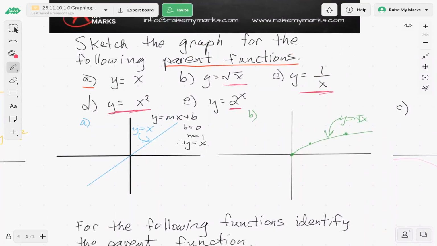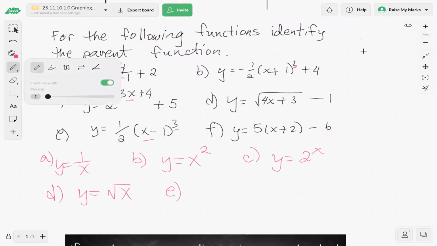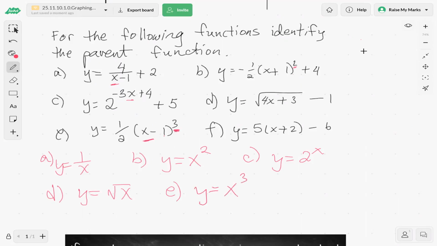Part D, however, the power is 2. So if we go back to our question, our exponent is 3, so our independent variable x is raised to the power 3. So our parent function is probably going to be x raised to that exponent, which is 3.